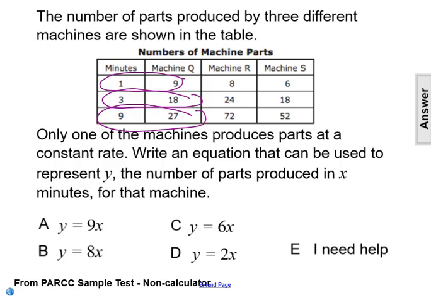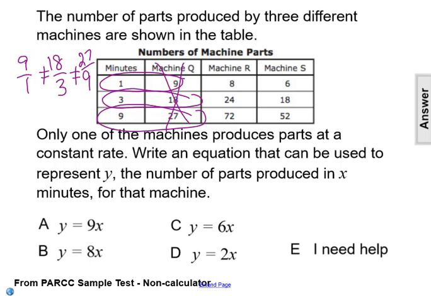Well, if we look at those ratios, we have 9 over 1, 18 over 3, and 27 over 9. Those are not equal to each other. Right away, 9 over 1 is not equal to 18 over 3 or 27 over 9. So machine Q does not produce parts at a constant rate.